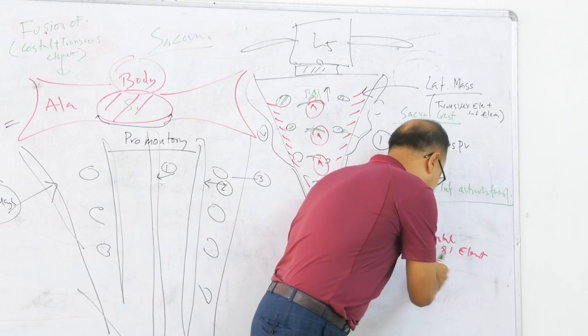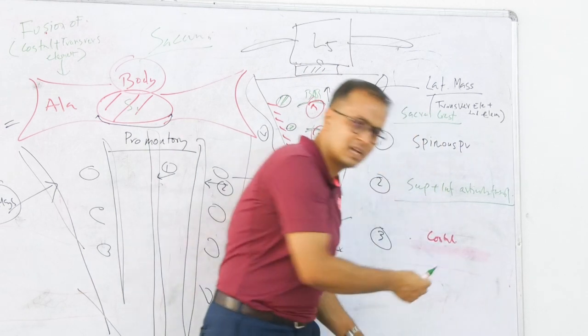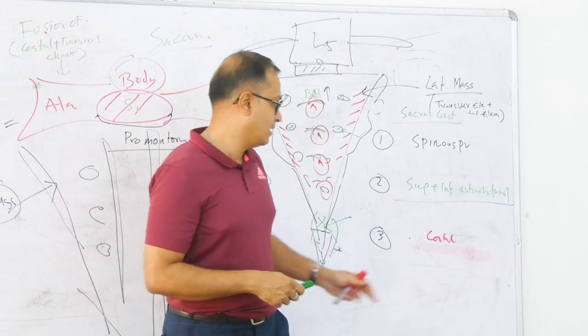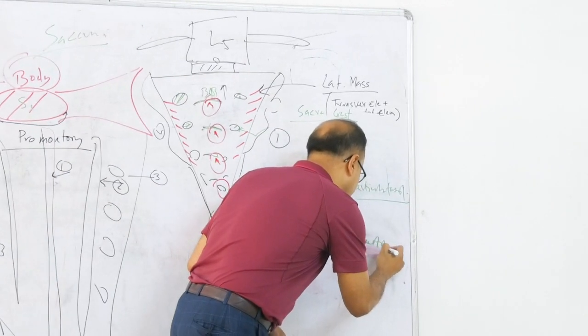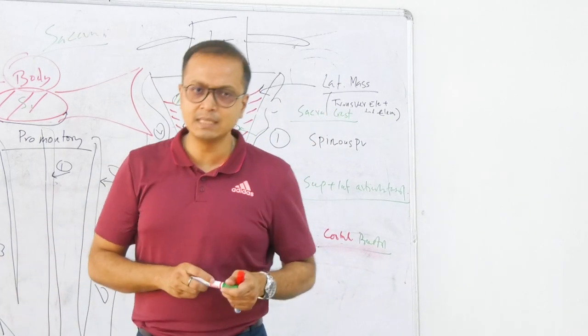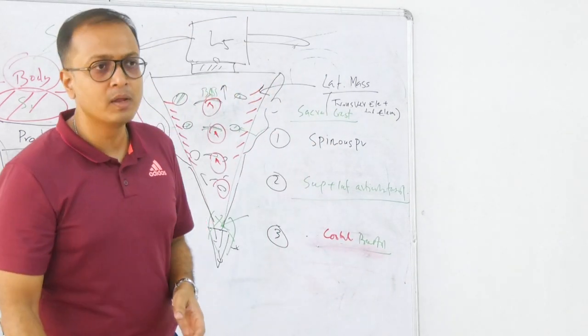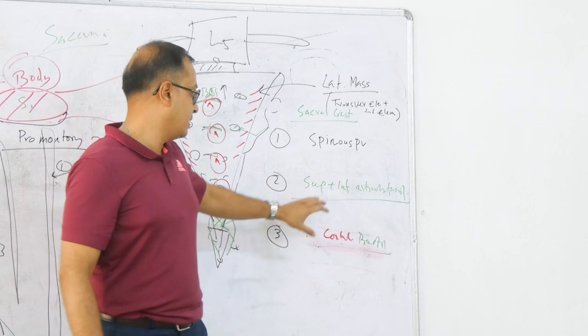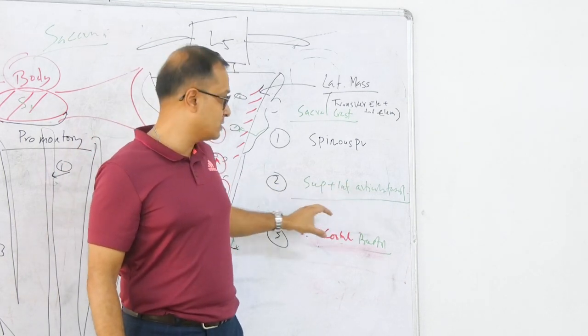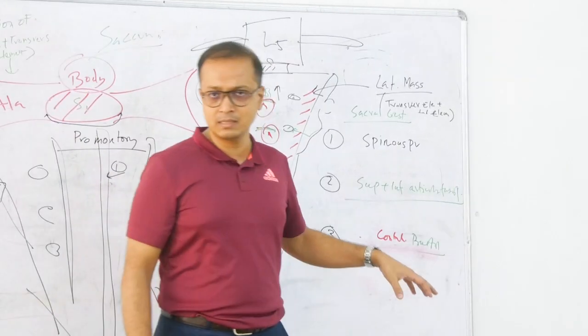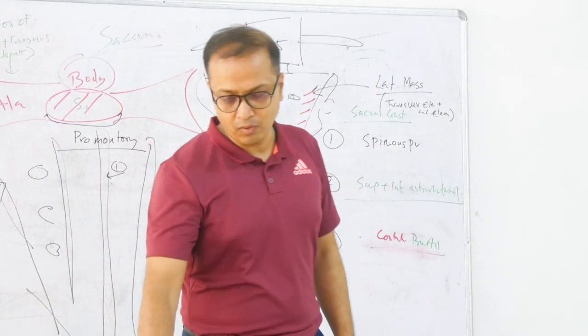So this costal element, or you can say the transverse element, at least elementary you can call it the costal process, is basically making these bony elevations. And in between the medial, intermediate and lateral crest, we have the foramen. We call them the posterior sacral foramen.